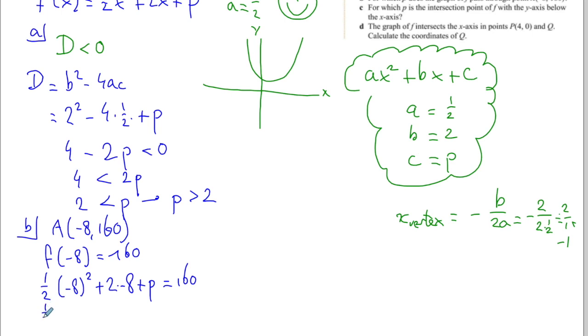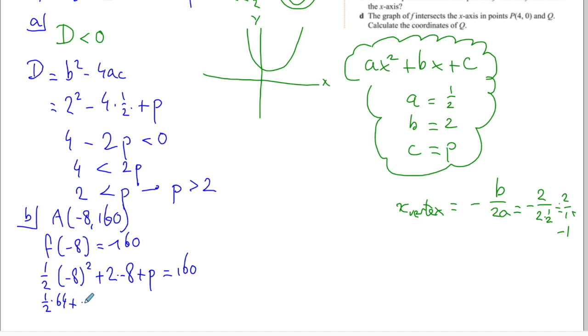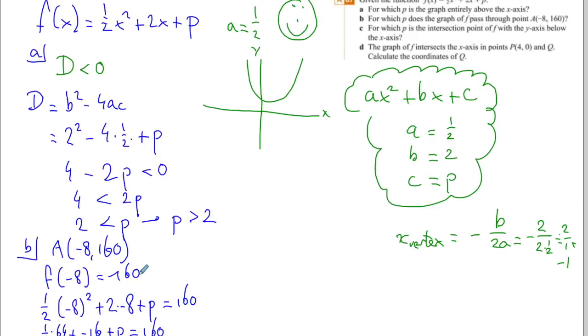A half times 64 plus minus 16 plus p equals 160. P equals 160 minus 32 plus 16, which equals 144. So when p is 144, the function goes through point A.